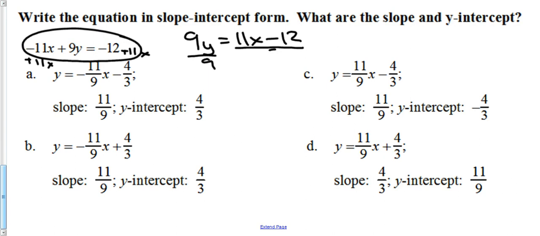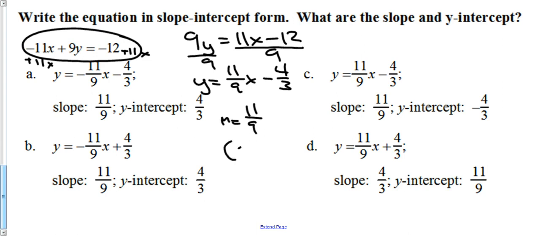Divide both sides by 9. We would have y is equal to 11 over 9x minus 12 over 9 simplifies to 4 over 3, which makes the slope 11 over 9 and the intercept 0, negative 4 thirds, which is C.